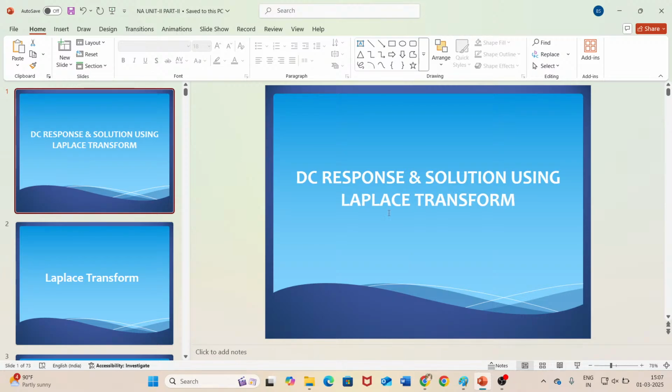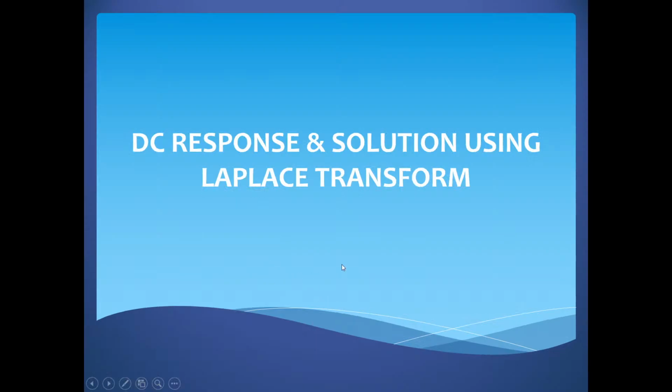So our topic is DC response and solution using Laplace transformation. Today I may discuss RC response and RL response for DC supply, and how to get the solution using Laplace transform. For that, first of all, we must have the basic knowledge of Laplace transformation.